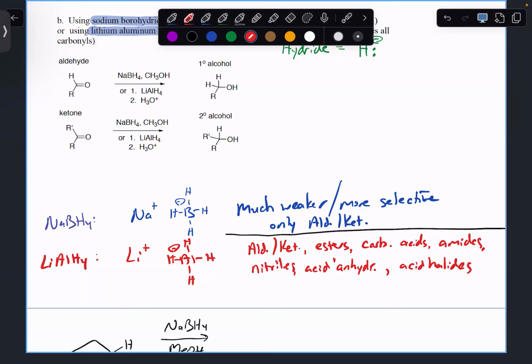It is what I usually call a sledgehammer of a reducing agent.